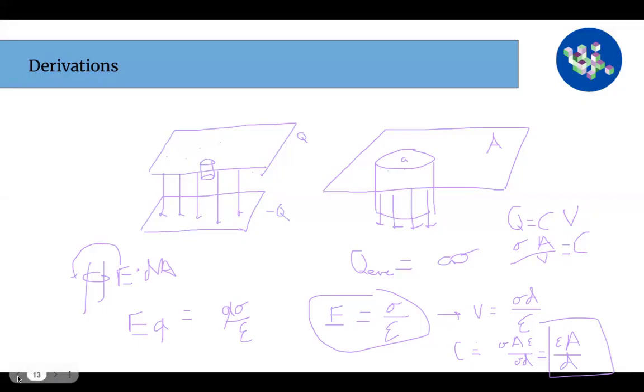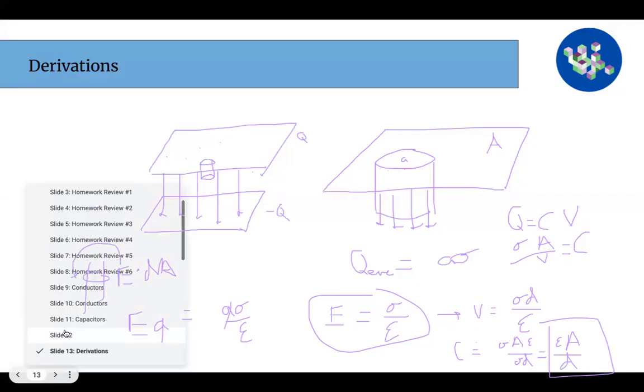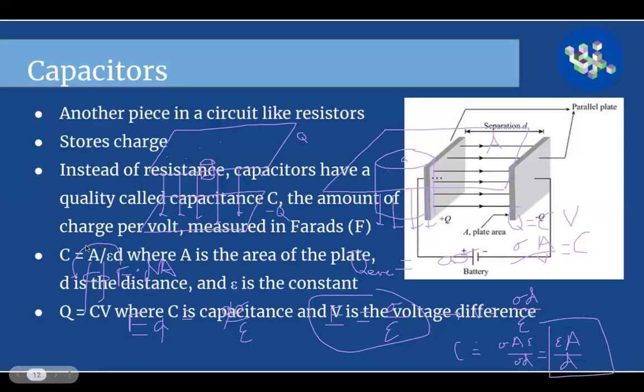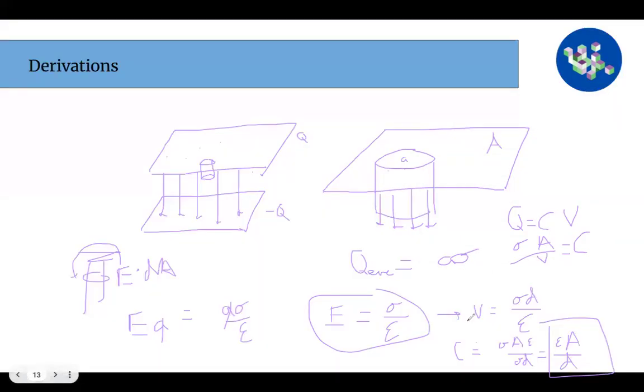If I go back to the previous slide, we're getting the same thing. Or actually, wait, this is wrong. Ignore what was on that slide, but this is the correct answer for the capacitance. It should be epsilon A over d.